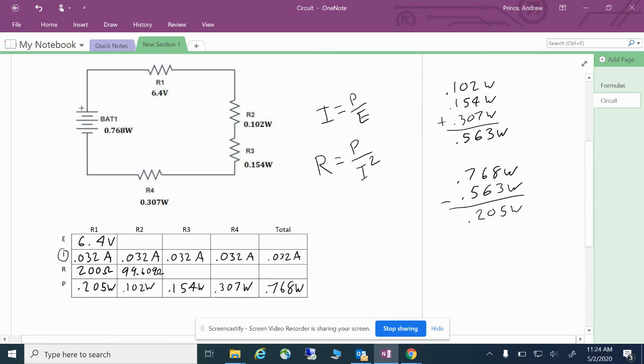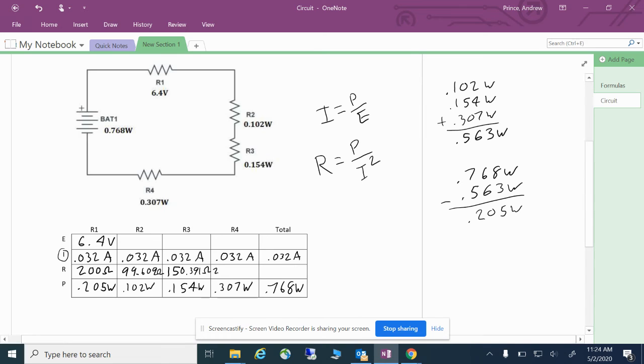All right, let's work down the line and do the rest of those. So it should be the same thing, right? We're just going to take 0.154, divide that by 0.032 squared, which is going to give us 150.391 ohms. 0.307 divided by 0.032 squared.